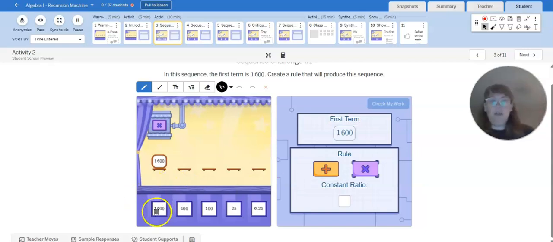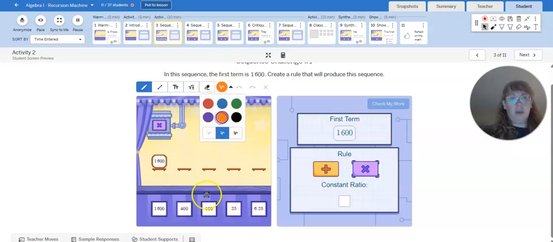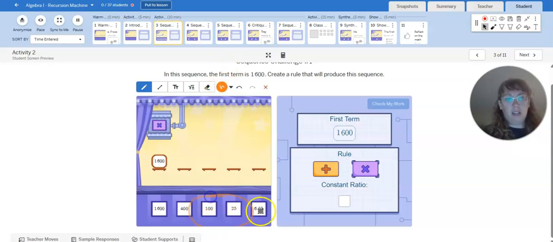How do we get from 1600 to 400? Remember, to figure this out, we can look backwards. We can also look at easier options on our board. For example, maybe you see 125 and you know, well, that's just divided by 4.